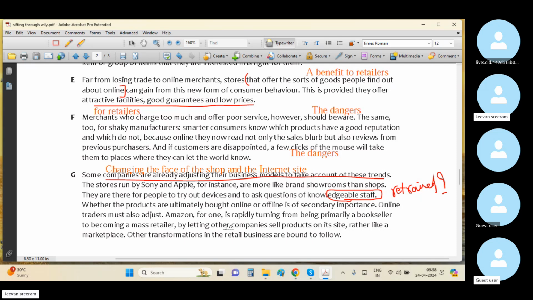So these sorts of changes have become necessary to get more reach among the consumers. These are the modifications, adjusting the business models. Companies are already adjusting the business models.